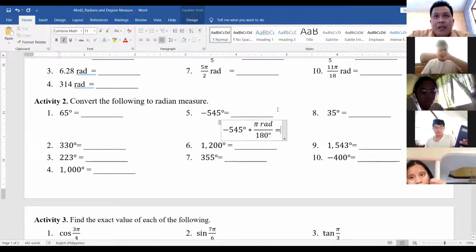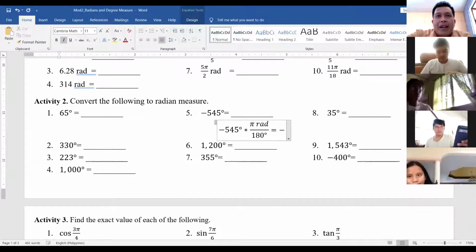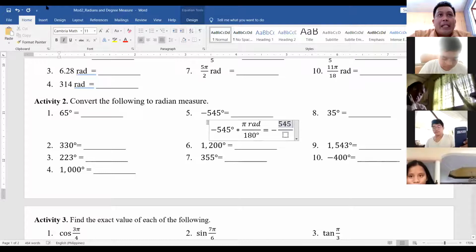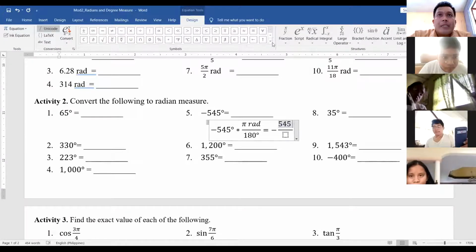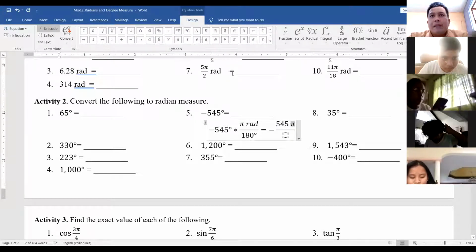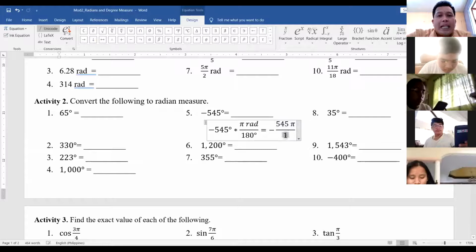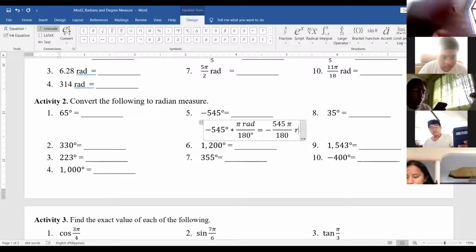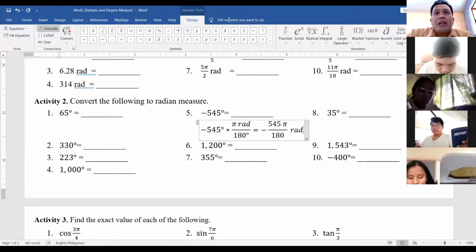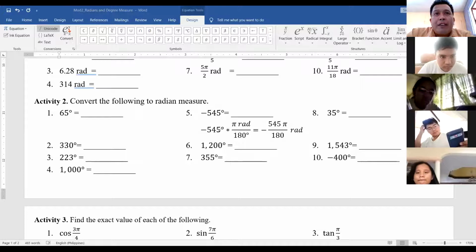So the solution goes with negative 545 pi over 180 radian. What happens to the solution? We just multiply 545 by the numerator while eliminating the degree sign.